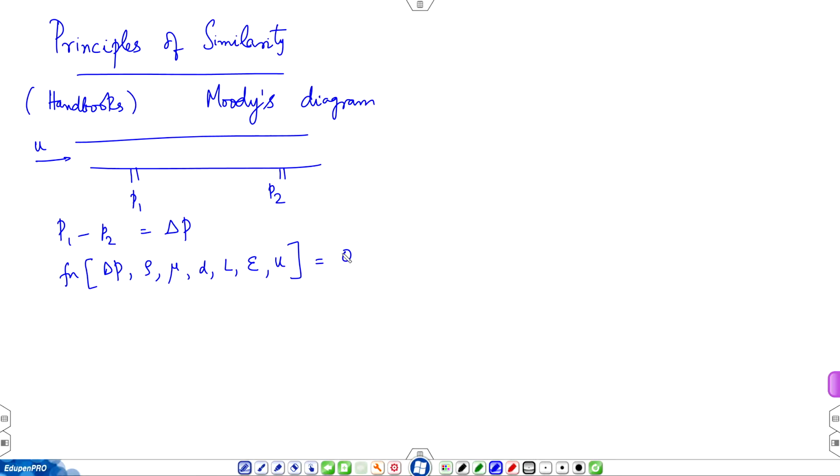So, principles of similarity tell you that you can go from the model. This is our model, whatever experiment we have done in the lab is a model, and you want to transfer this data from model to prototype.